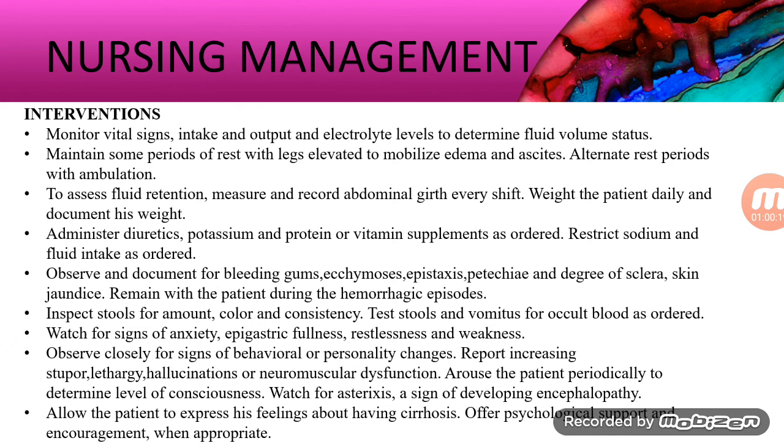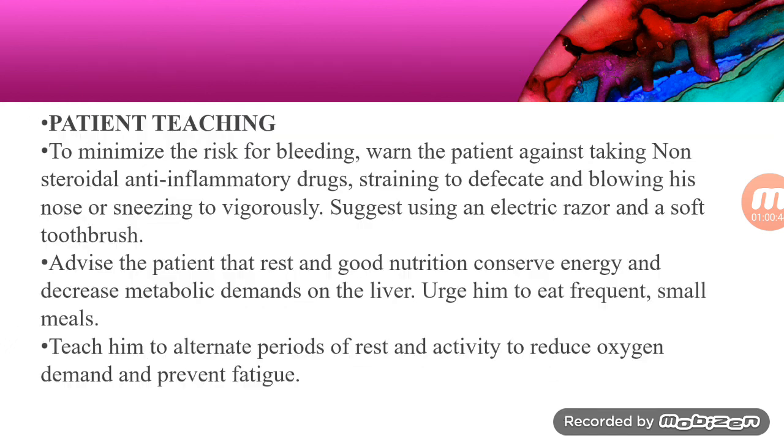Then inspect stools for amount, color, consistency. Then watch for signs of anxiety, epigastric fullness, and general weakness. Then observe closely for signs of behavioral or personality changes. If there is any change, then you should report. Then allow the patient to express his feelings about having cirrhosis, and psychological support and encouragement should be given.